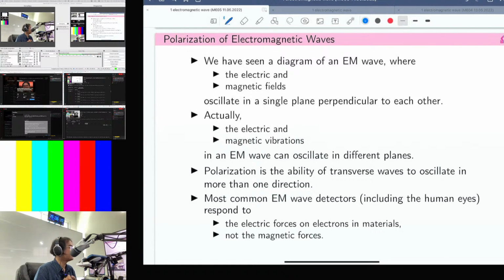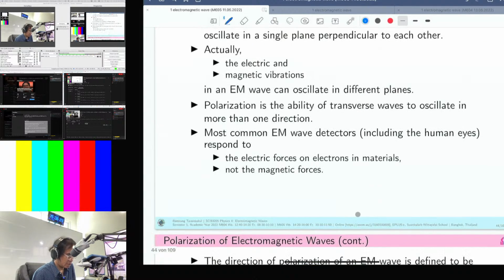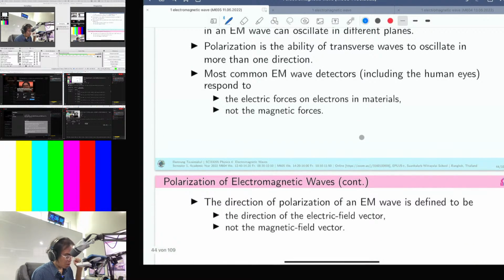So it is quite common for us to use the electric field to represent how the electromagnetic wave is oriented.